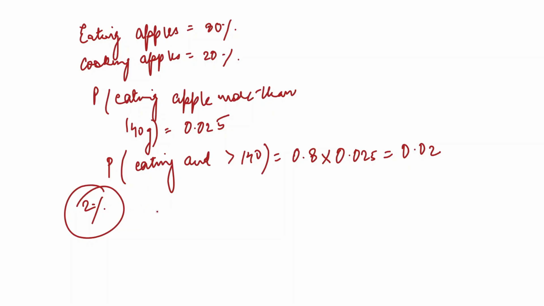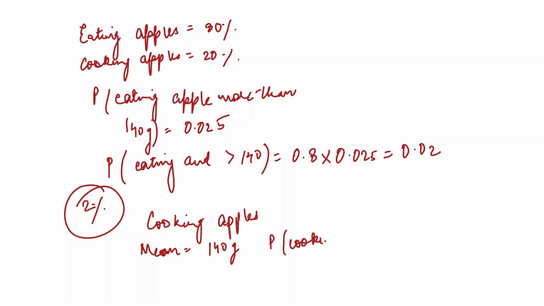Now, for cooking apples, the mean is 140 grams. And by the symmetry of the normal distribution, we can say that the probability of a cooking apple being greater than 140 will be 0.5, right? Now, we include the proportion of cooking apples.